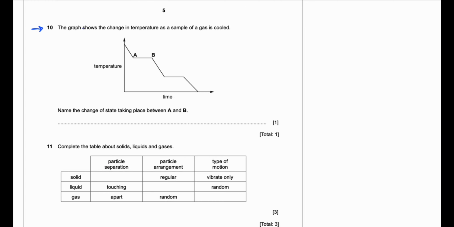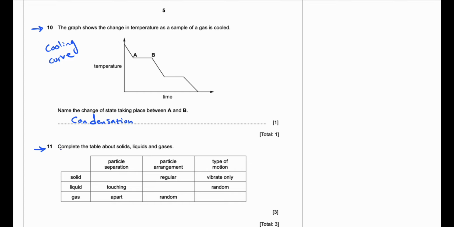Question 10. The graph shows the change in temperature as a sample of gas is cooled. So once again, that's a cooling curve. Name the change of state taking place between A and B. Remember, between A and B, we have both gas molecules and liquid molecules, and we haven't yet exceeded the boiling point, so the process should be condensation or condensing.